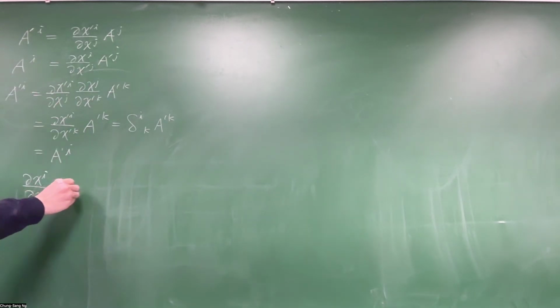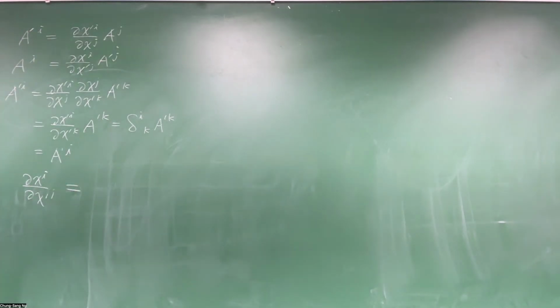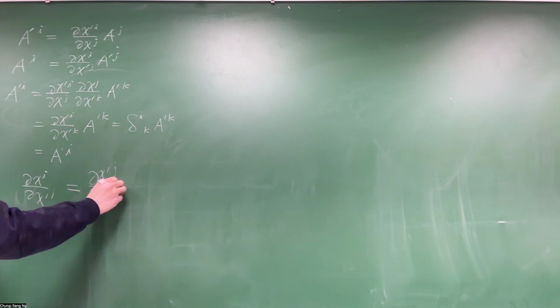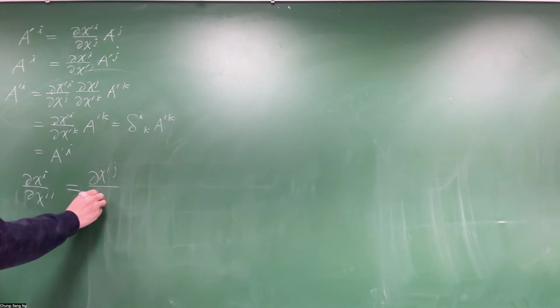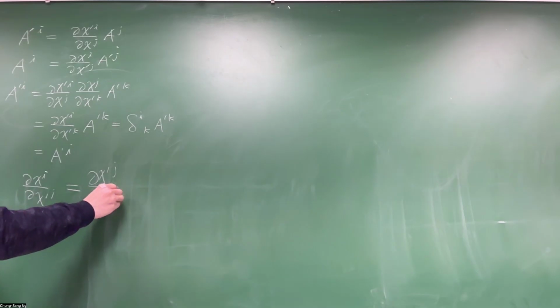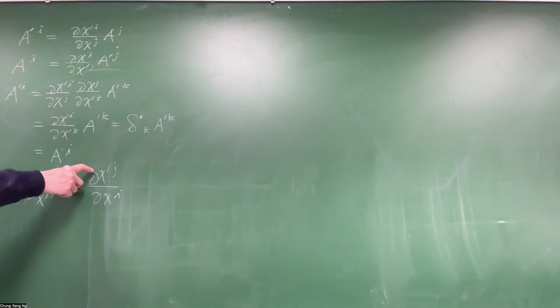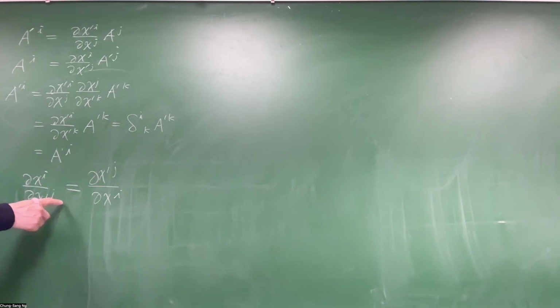They are interchangeable. The indexes, if you exchange i and j, is exchanging prime and non-prime, that's actually the same.